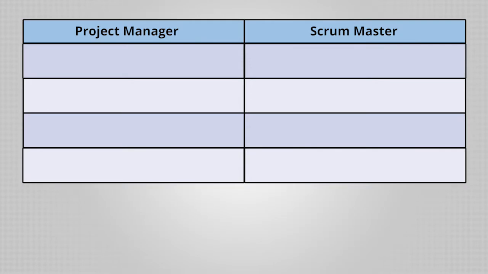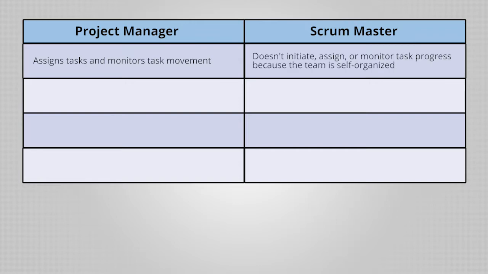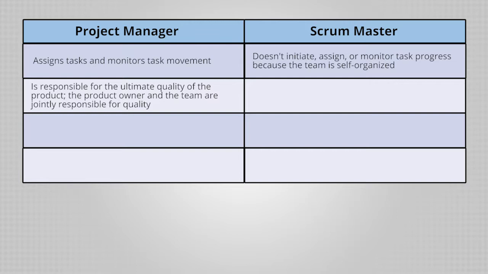7. The Project Manager assigns tasks and monitors task movement. The Scrum Master doesn't initiate, assign, or monitor task progress because the team is self-organized. 8. The Project Manager is responsible for the ultimate quality of the product. The product owner and the team are jointly responsible for quality.